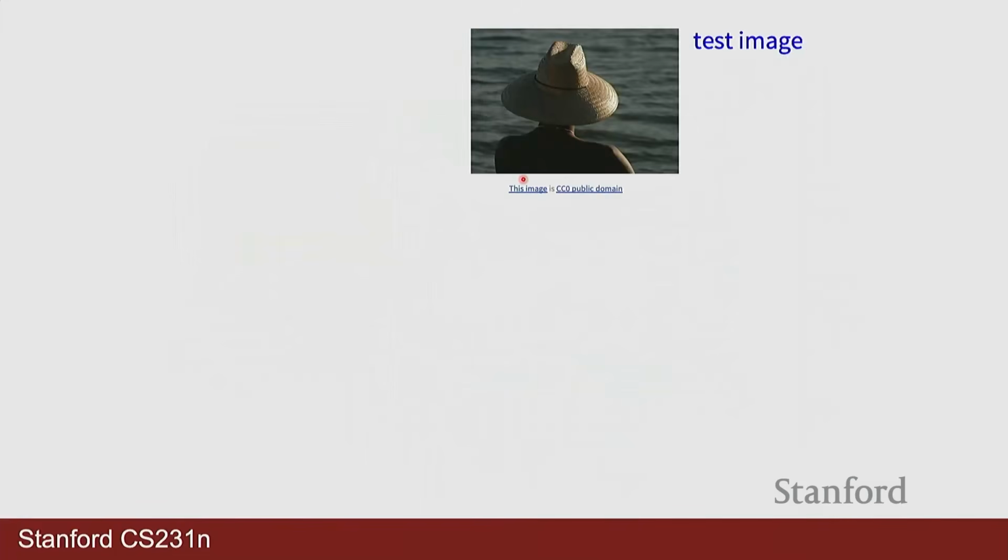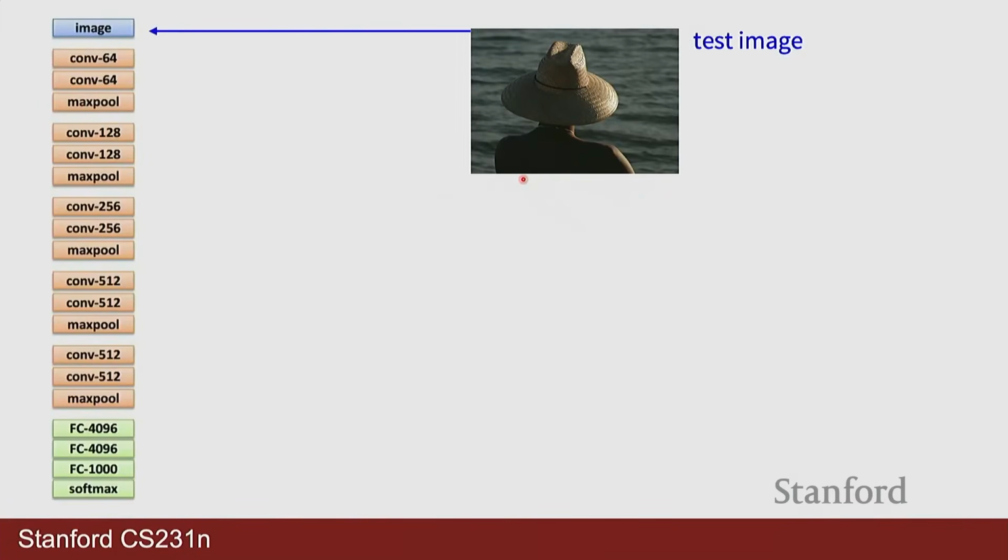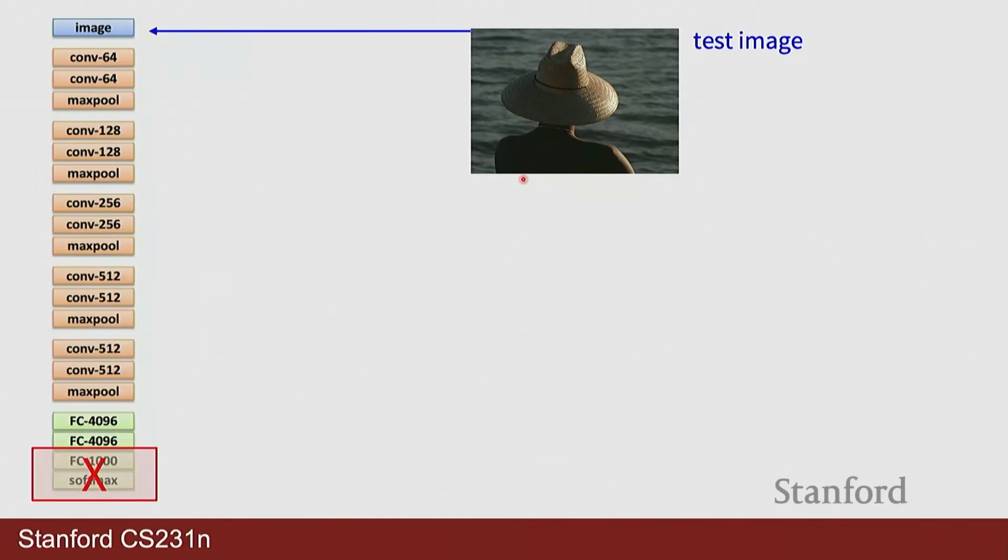You can imagine you have this test image. It comes in, so your model's going downwards here, starting at the first layers at the top and then moving downwards. You can imagine this is something that was trained on ImageNet or something. And so we're not going to use the class labels, but we're going to use this second to last layer. This is the common strategy we saw for transfer learning as well, for getting good visual representations of images.